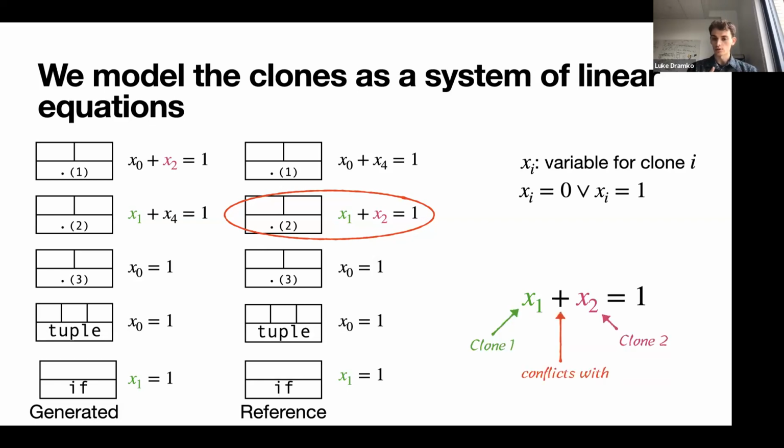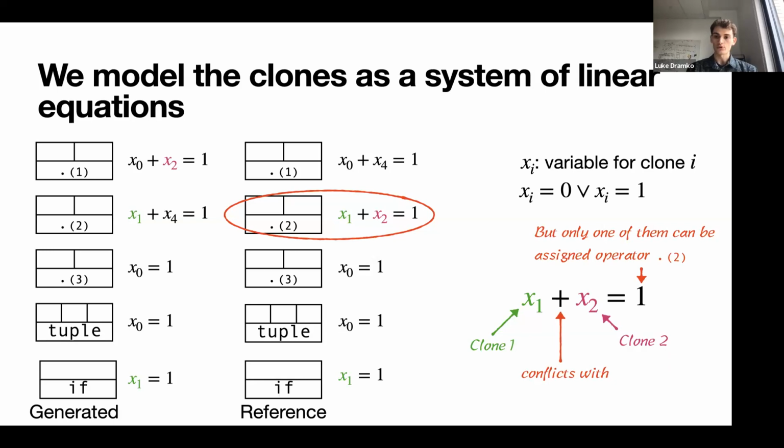What this says is, we assign every clone a unique variable. We say that clone 1 conflicts with clone 2 on the second attribute access operator in the reference.